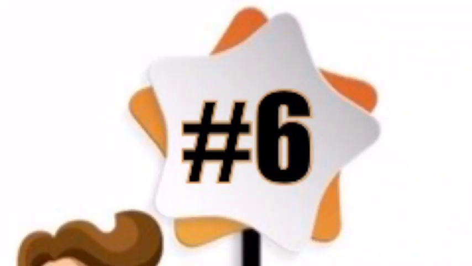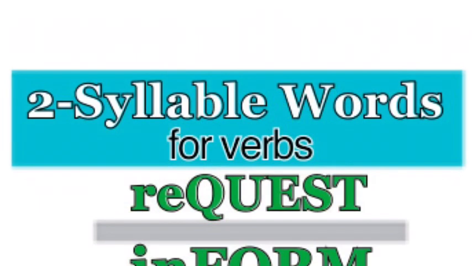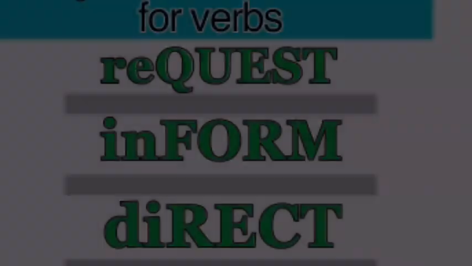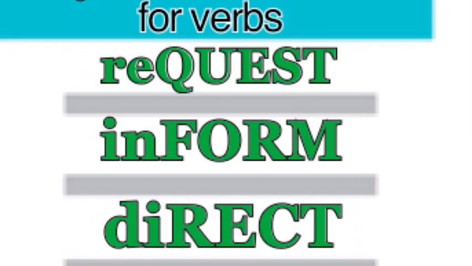Tip number 6, related to tip number 5. For two-syllable words that are verbs, the stress is on the second syllable. Examples: to request, to inform, to direct.